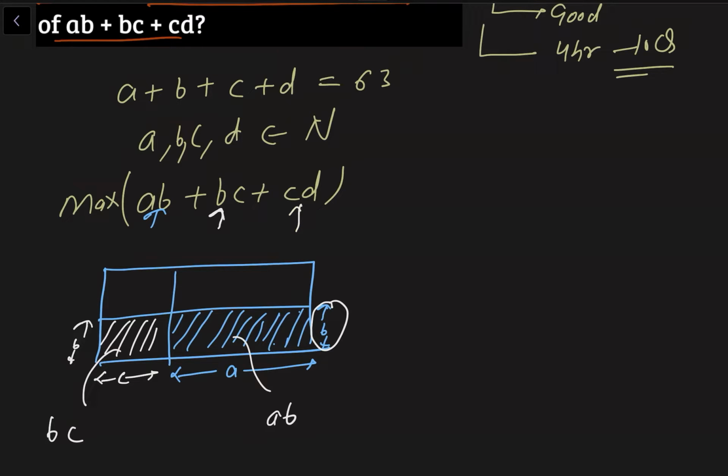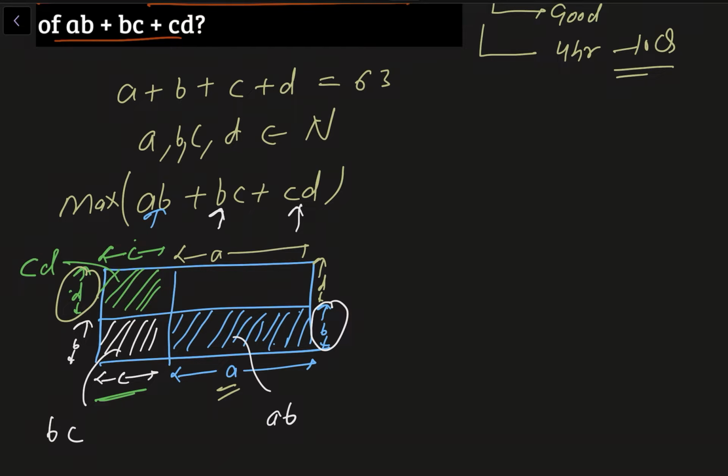Now the third term I have here is CD. If this is C, this length will be C. If this is C and this is D, this area is CD. Well and fine. So this remaining area, if this is D, this will also be D. If this is A, this will also be A. So this remaining area is AD.